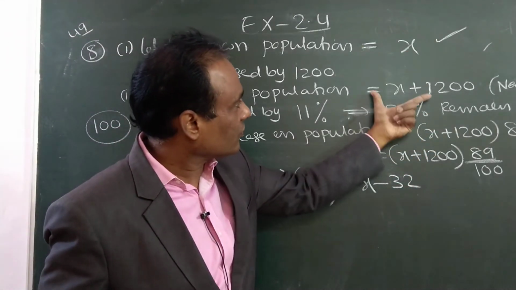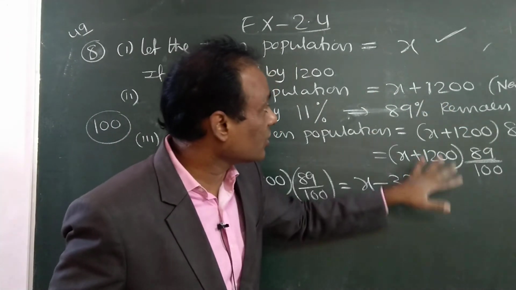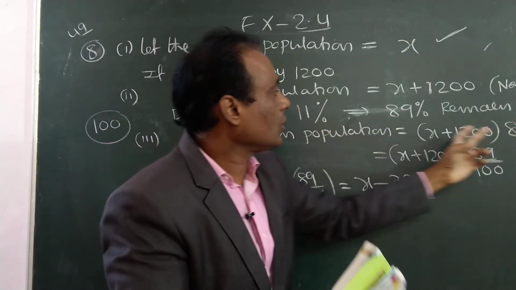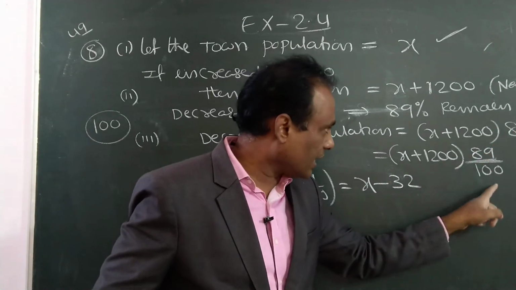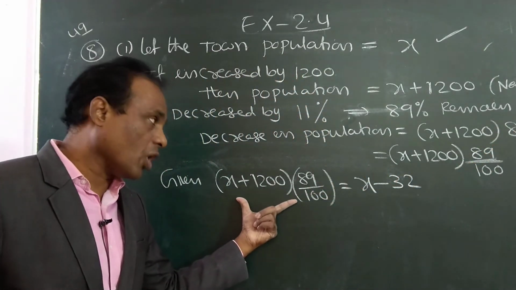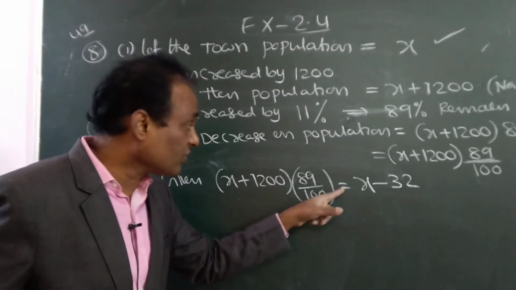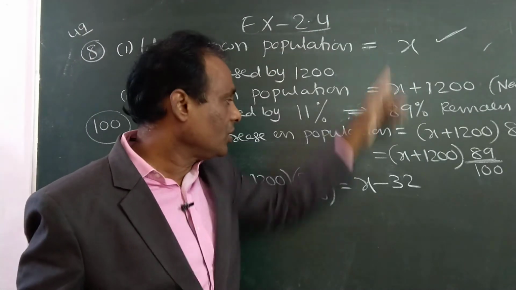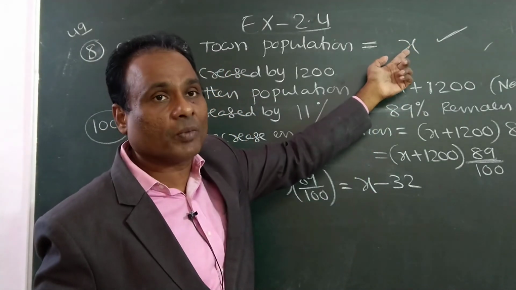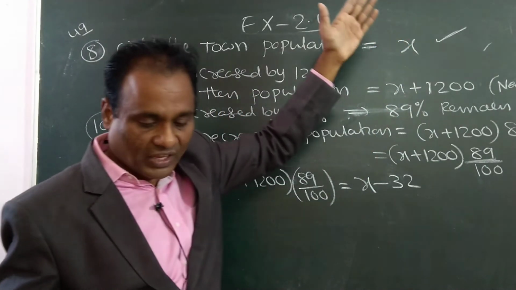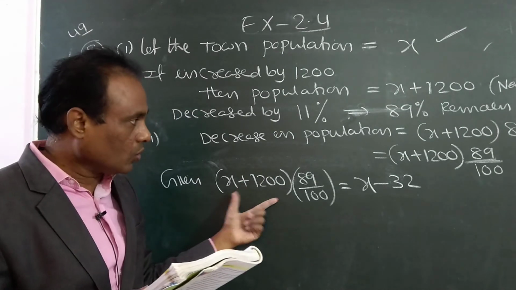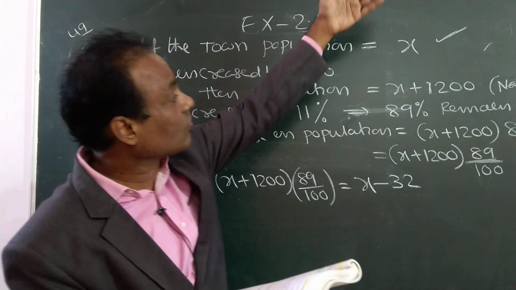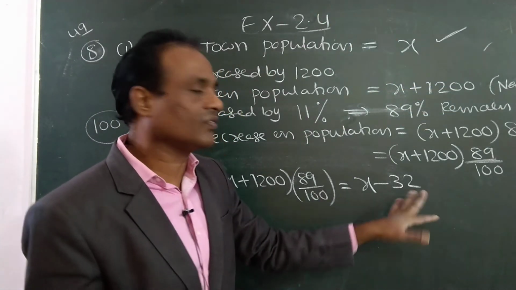So 89 by 100 is the present population, but the present population is equal to the original population minus 32. Less means minus. The town now had 32 fewer people than before the increase. So X minus 32. That's all.